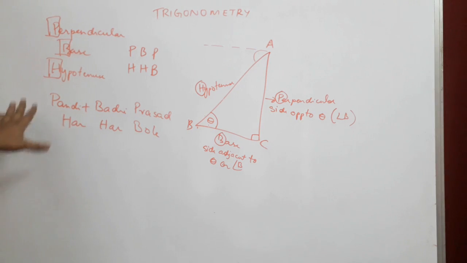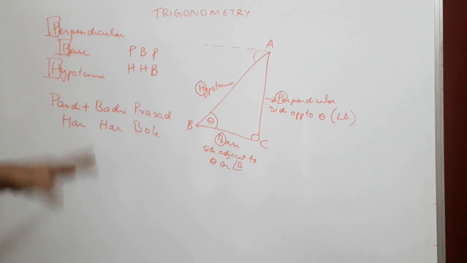Just imagine Pandit Badri Prasad as a devout person, as a religious person, as a sadhu, you can say, and he keeps chanting Har Har Bole. So Pandit Badri Prasad Har Har Bole. Just keep saying this in your mind.